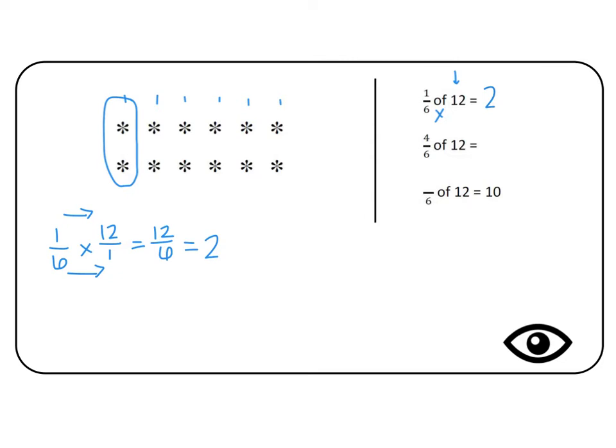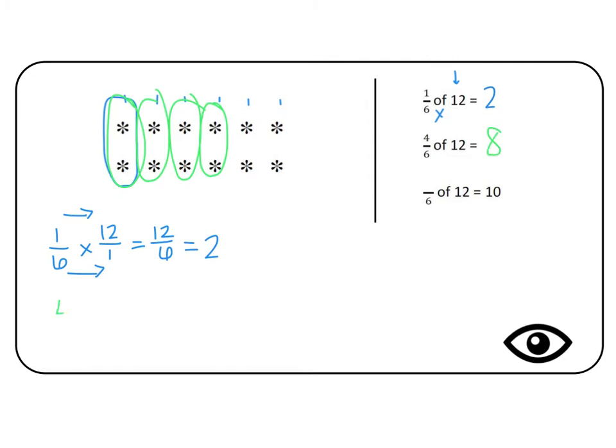This time we're finding 4/6 of 12. So that means that we're going to be circling not just 1, but 4. So let's see, I have 1, 2, 3, 4. So that would be 8 stars.